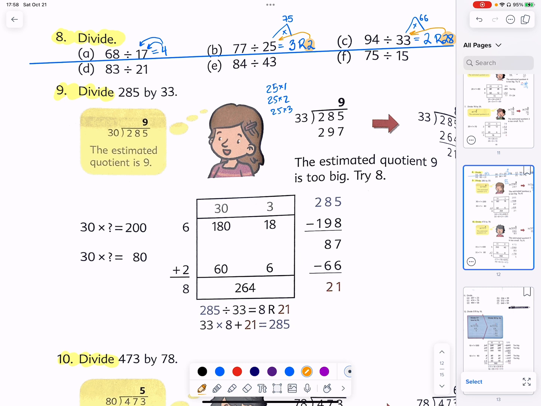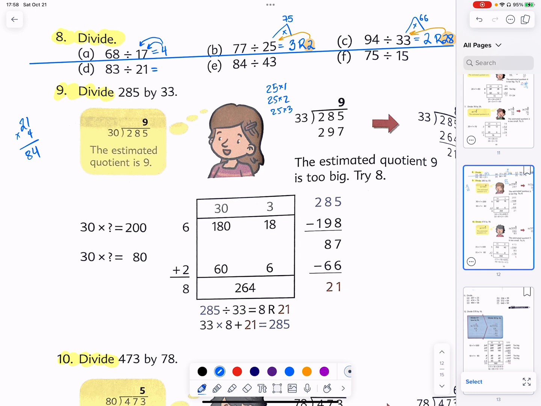Let's continue with the bottom line, D, E, and F. Examples D, E, F. Let's ask ourselves, how many times does 21 go into 83? It would be nice to have 4 times. 21 times 4 is 84, but we don't have 84.